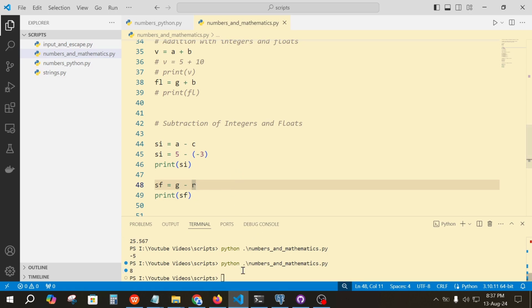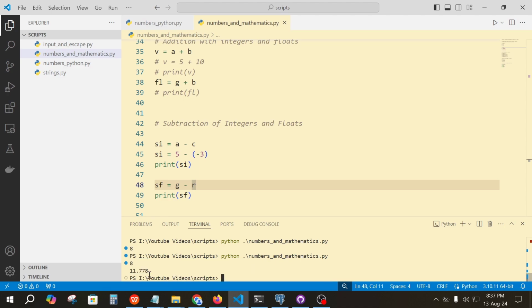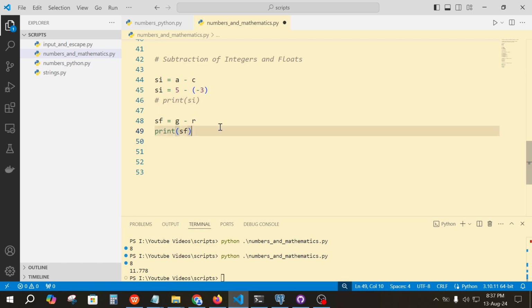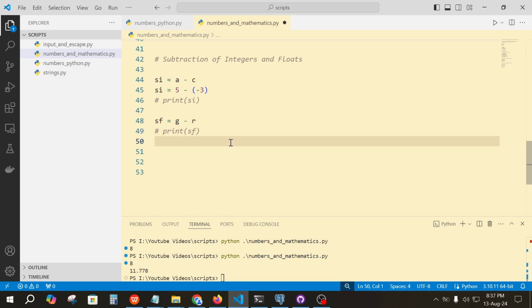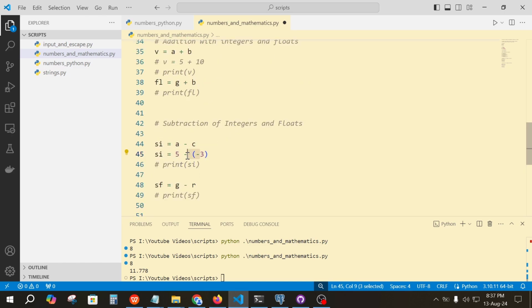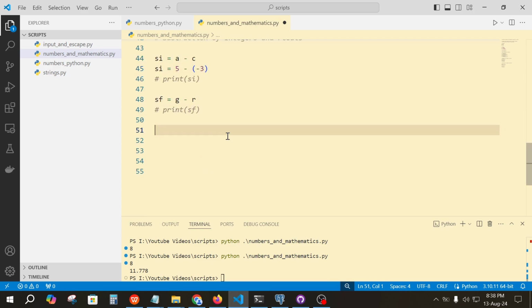If not, you can write it into your script or a copy. Okay, it is 11.778. So this is the subtraction, and I hope you will understand it, and if not, then you can comment down. Then I will make a video for it, like this one, plus plus, minus minus, plus minus.